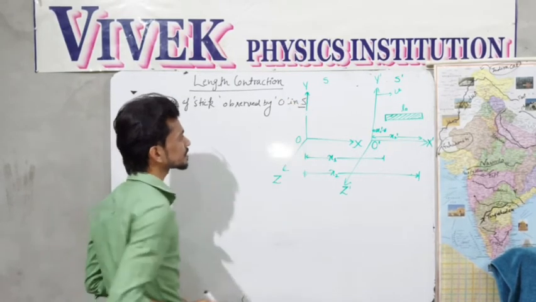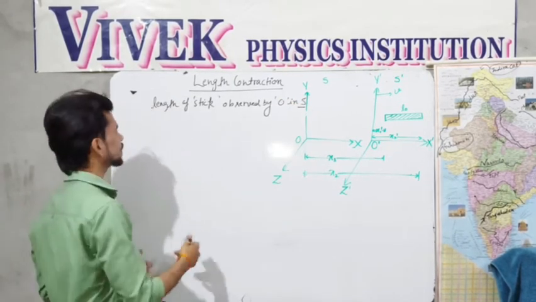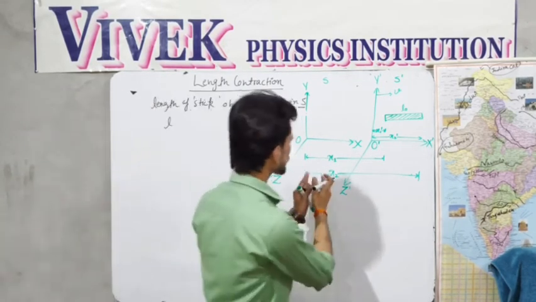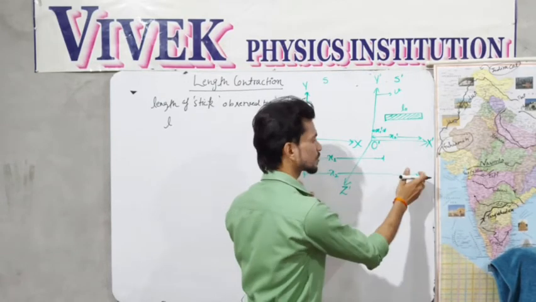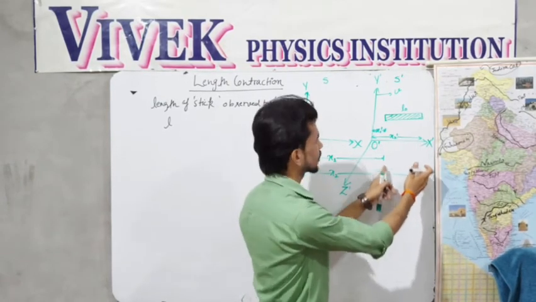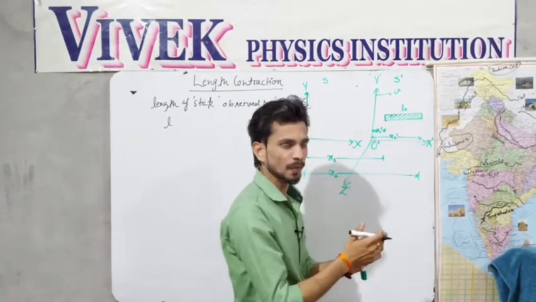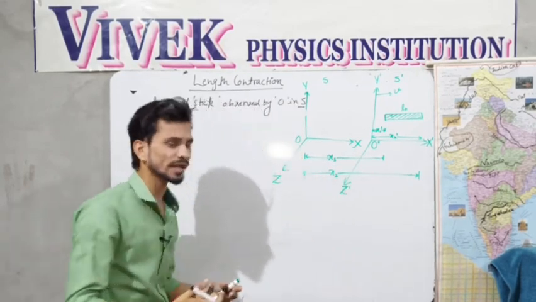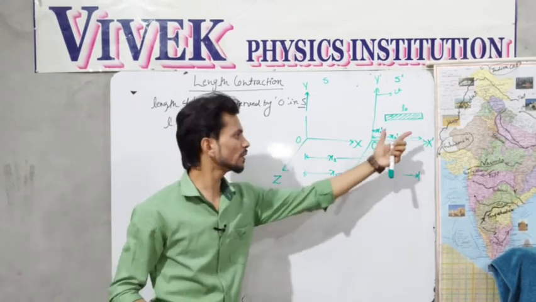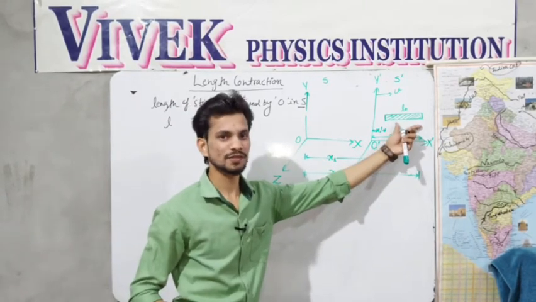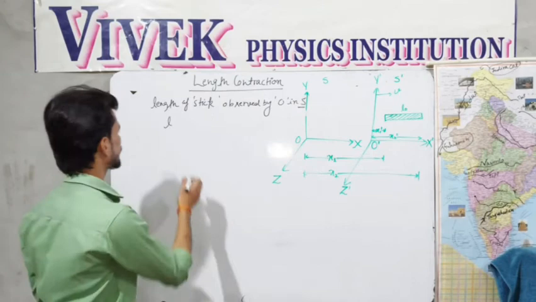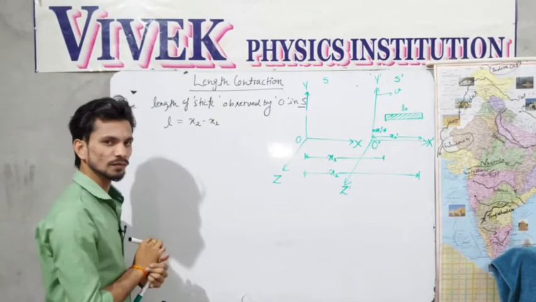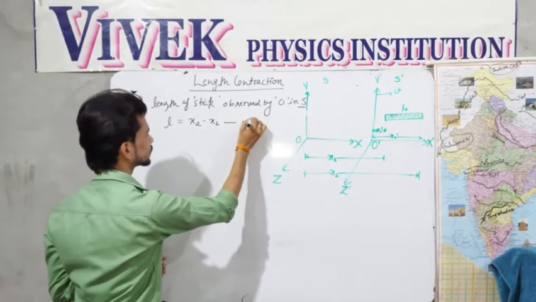Remember, we are discussing the S frame of reference. That will be L, and if I subtract x1 from x2, I will get the length. So x2 minus x1 will be the proper length of this stick observed from the S frame of reference. Let's say this is equation 1.